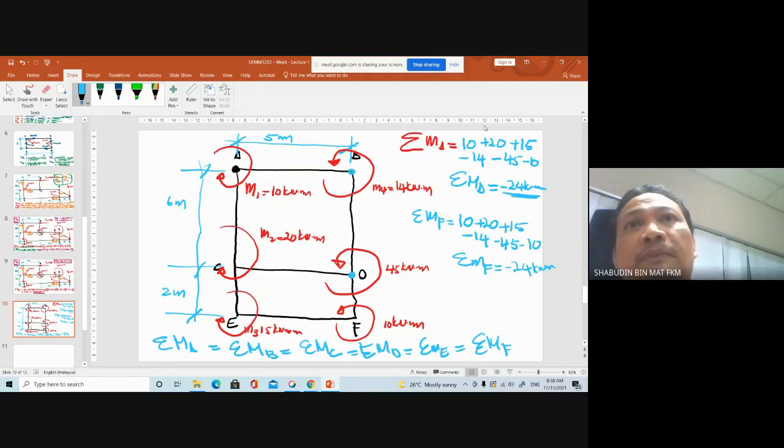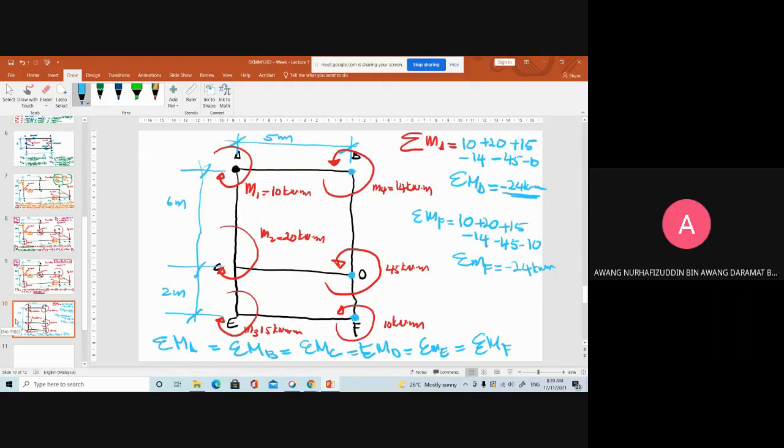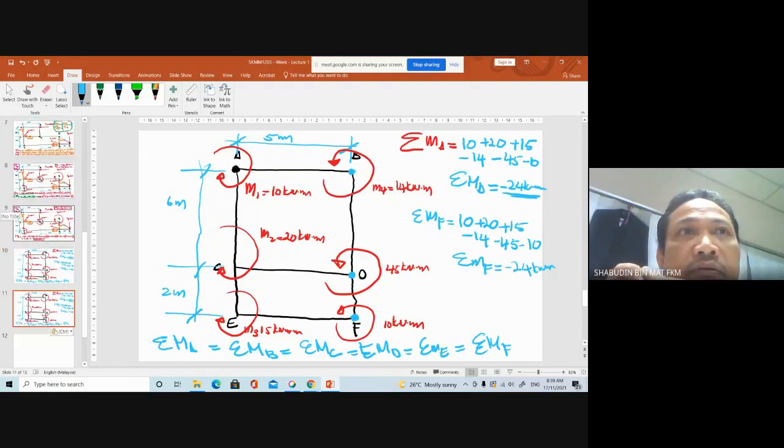If you apply a moment only to that system, you will use this a lot in engineering soon. If you apply moment only, okay, understand me? Yes, sir. Very good. Okay, copy. You move it down.